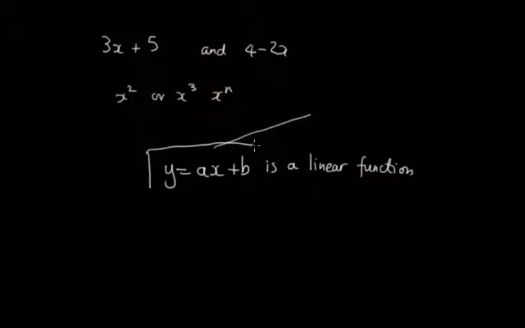This will always give you a straight line. And if there's any x term that goes to a higher power, either squared, cubed, or higher, you're not going to get a straight line. There'll always be a curve in it. So we're going to be thinking about straight line graphs.